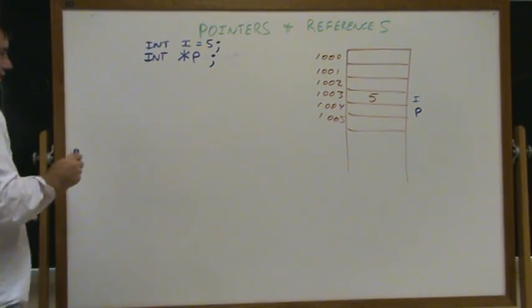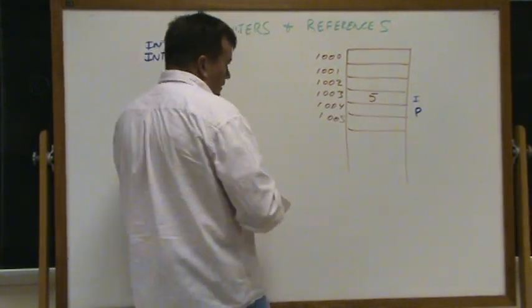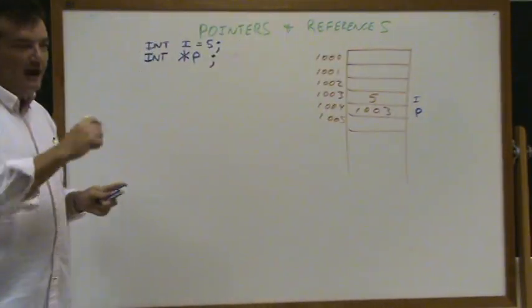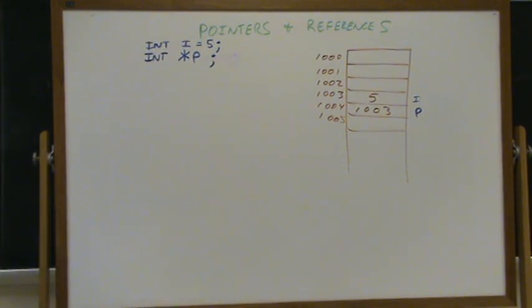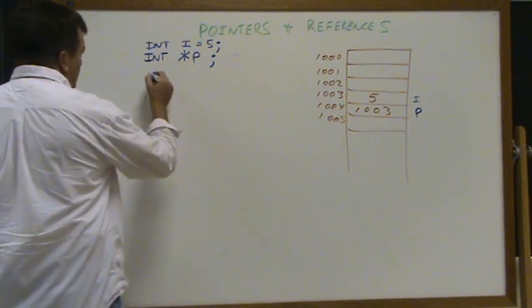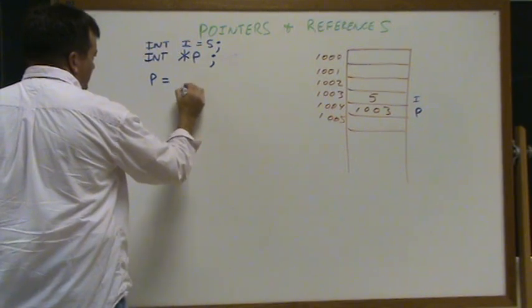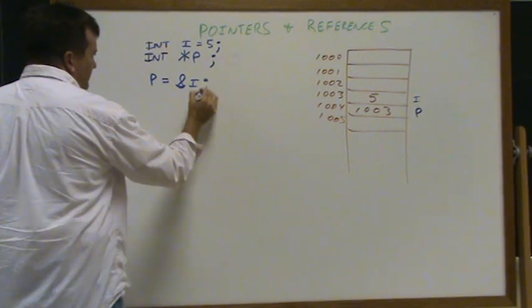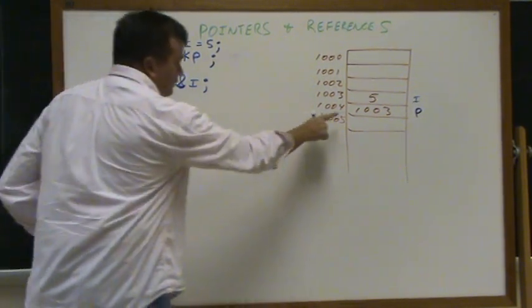If later on we wanted to say, I would like the contents of P to be 1003, meaning the address in memory of some other piece of storage, I could do the following. I could say P equals, and this is the ampersand symbol to say the address of i. And what this line would do is do exactly this.